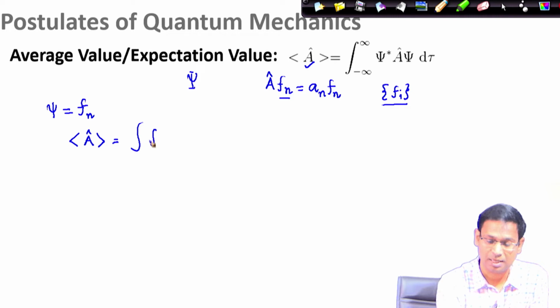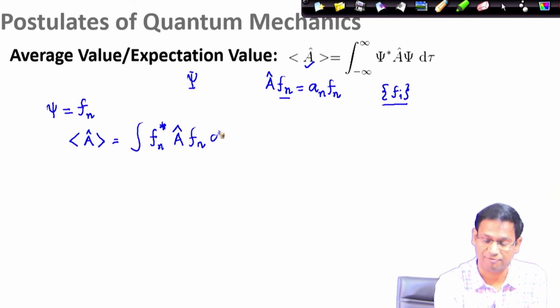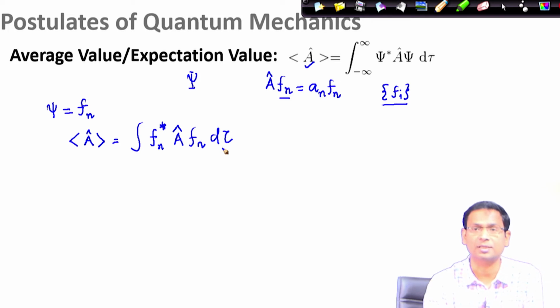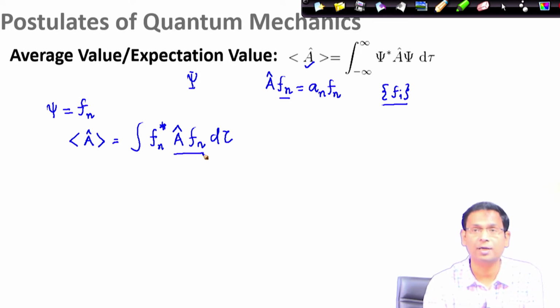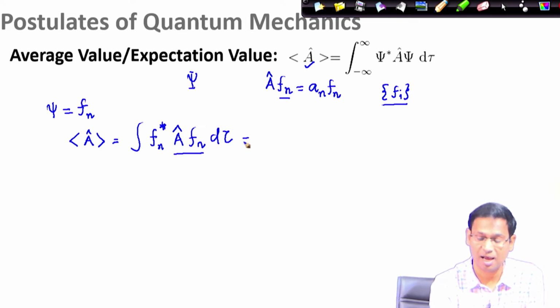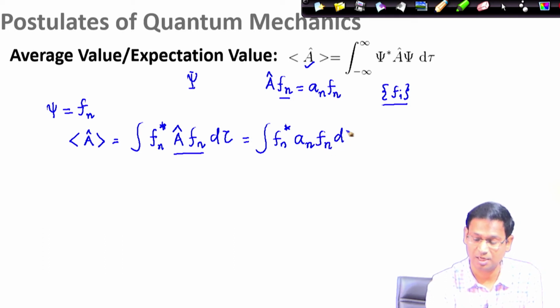Since the state of the system is f n, I write f n star here, the operator A, the function f n, and then I evaluate this integral over all available space. Now, operator A acts on f n, and I know that f n is an eigenfunction. Therefore, the result of this operation is simply a n f n d tau.